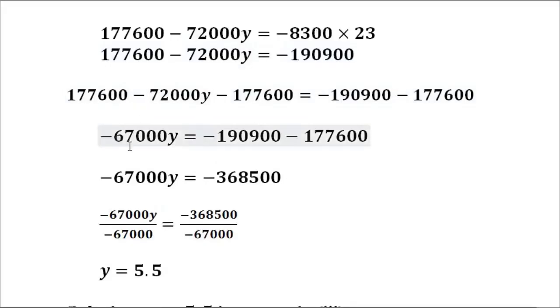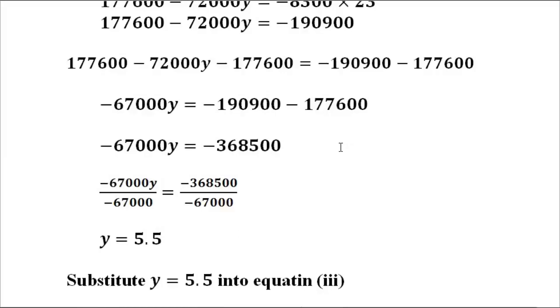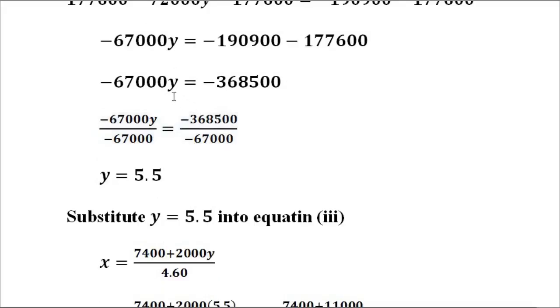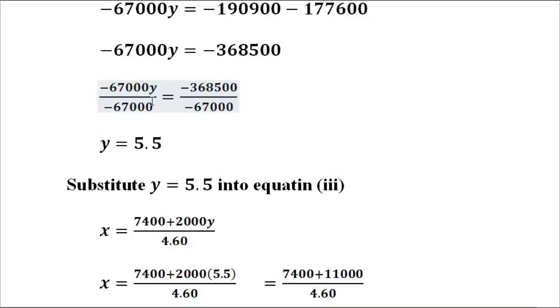We get negative 72,000y equals negative 190,900 negative 177,600. These two negative numbers give us negative 368,500. To find the value of y, let's divide both sides by negative 72,000. We get y equals 5.5.